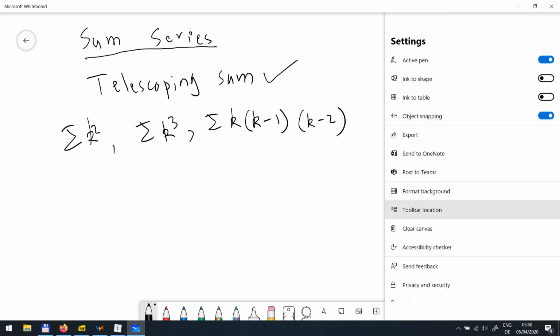So let's clear the canvas and let me start with something which is very familiar to you. I take a sequence. So let's say S represents the sequence and Sk represents the kth term of that sequence.